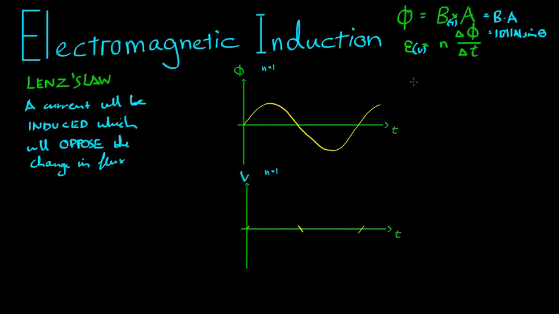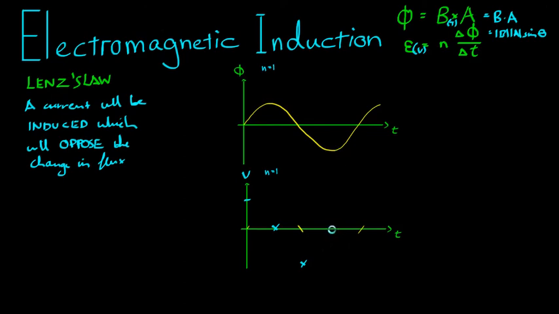The voltage, the EMF, is going to equal the gradient of this graph, the gradient function we'd say. So here the gradient is quite large. Here the gradient becomes 0. Voltage, large, 0.